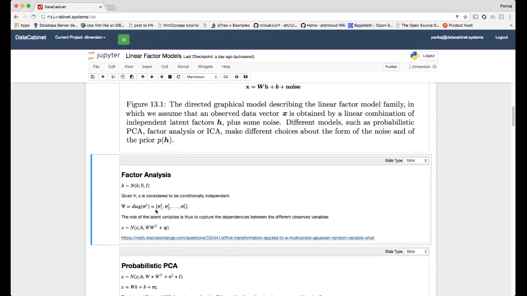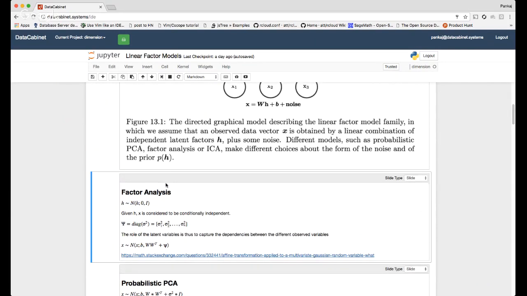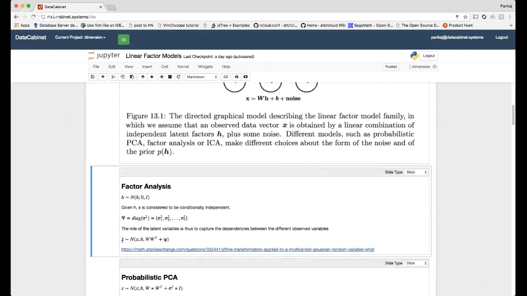If you model H like this, then given H, X is conditionally independent. If you do a direct substitution, given X, you find the W, B and noise, then X can be thought of as just sampling from a normal distribution that is centered at B and has a covariance matrix. This is the covariance matrix.